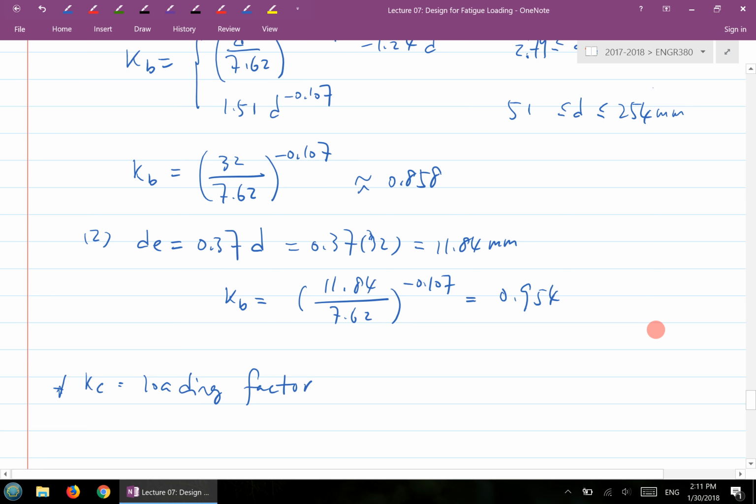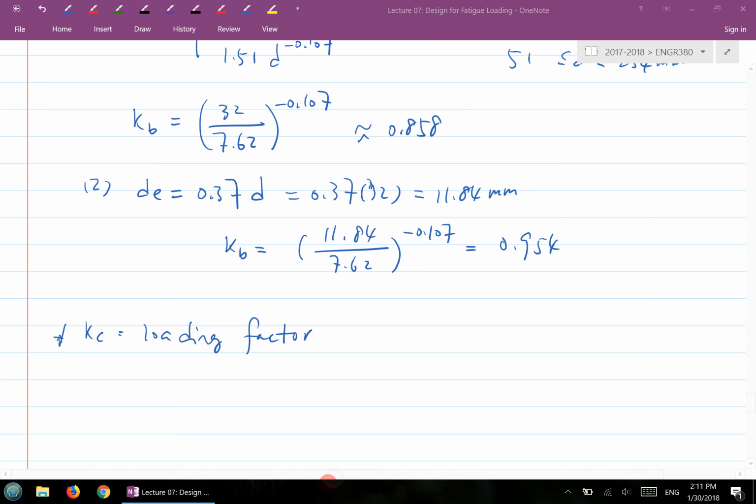When the specimen is subjected to lab conditions here, the lab condition basically the RR Moore rotating machine, and the specimen is subject to what type of loading? It's a bending type of loading. So loading factor, let's say the first one, if it's a bending, then you don't need to change anything, basically just one, because that's the same loading condition as the lab condition, basically.